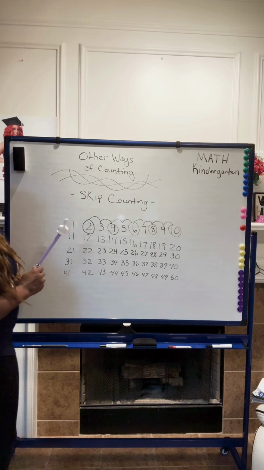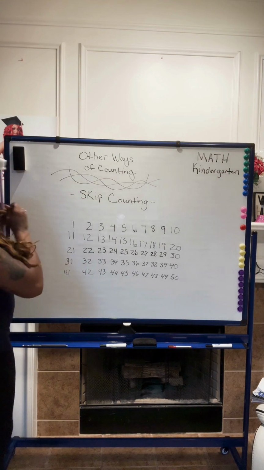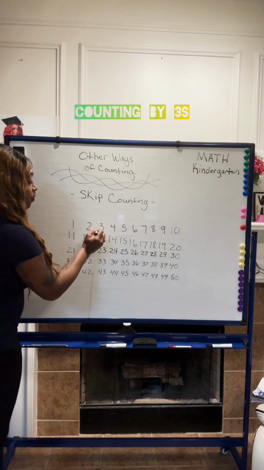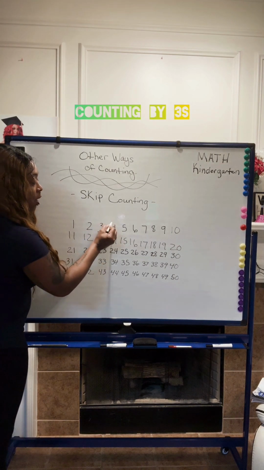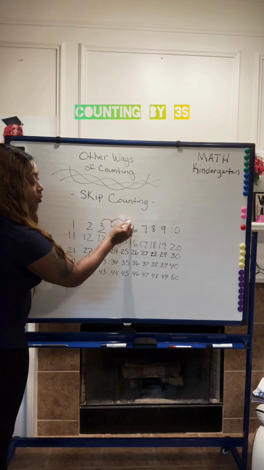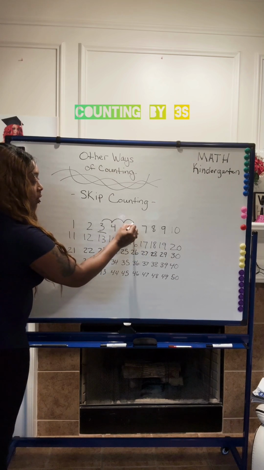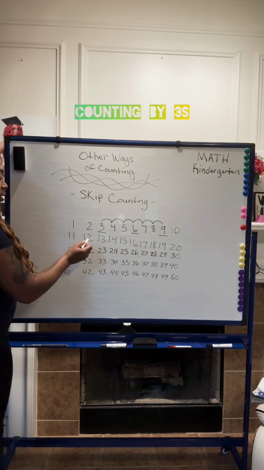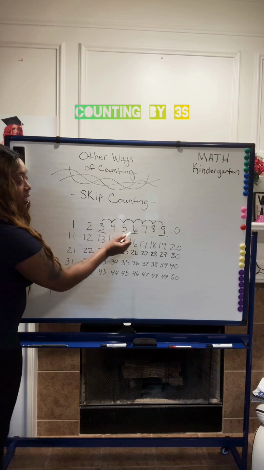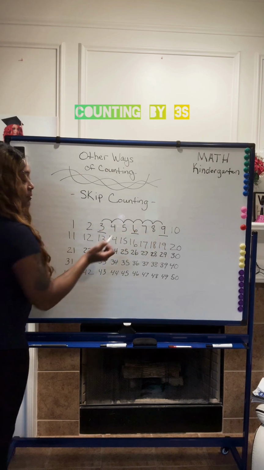Okay? So, if we count by threes, we would start at 3. 3, and then go 3 over. 1, 2, 3, 6. 1, 2, 3, 9. We would say 3, 6, 9.